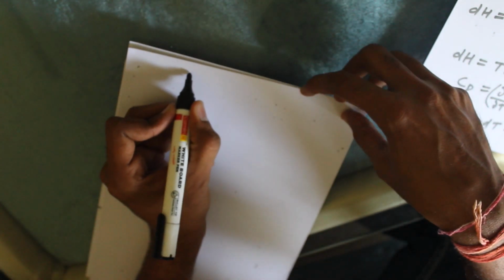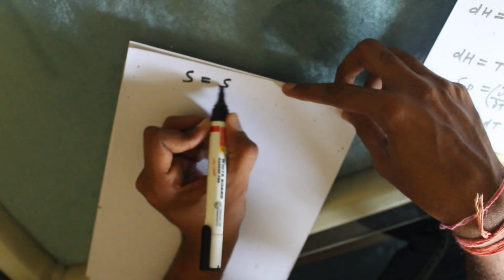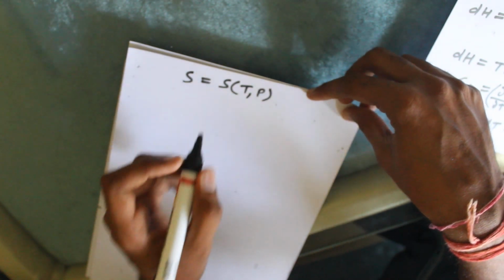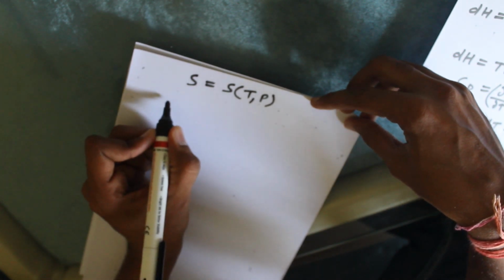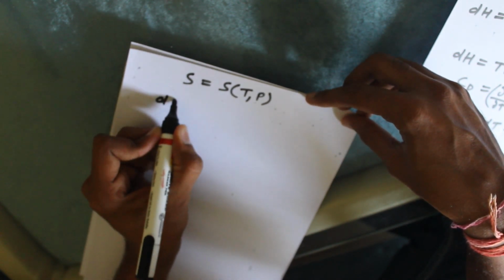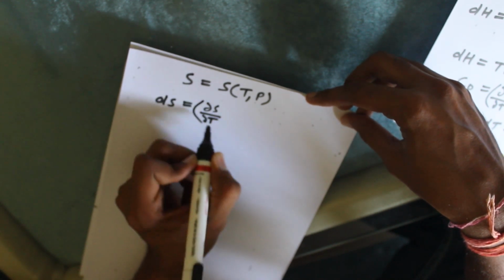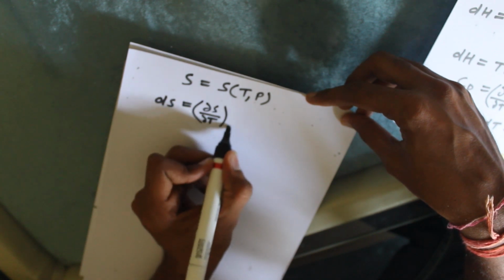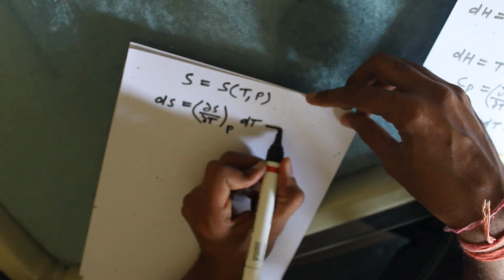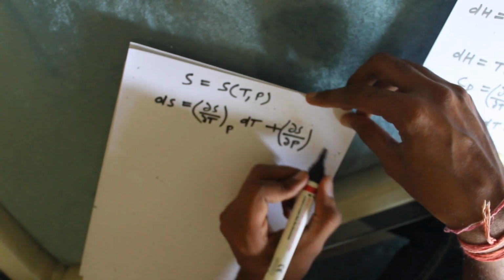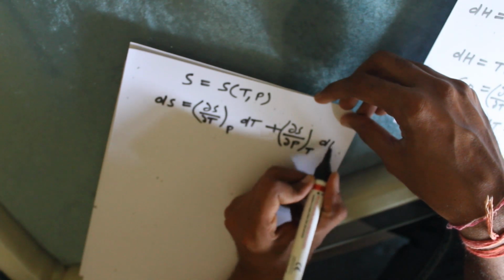Now again the entropy is a function of temperature and pressure, and if we differentiate this equation, then the change in entropy dS will be equal to del S by del T at constant pressure dT plus del S by del P at constant temperature dP.